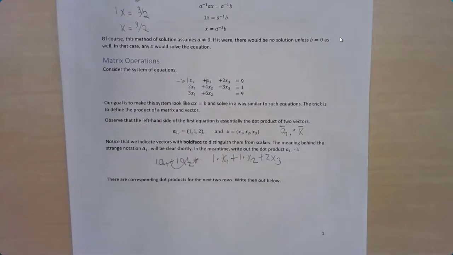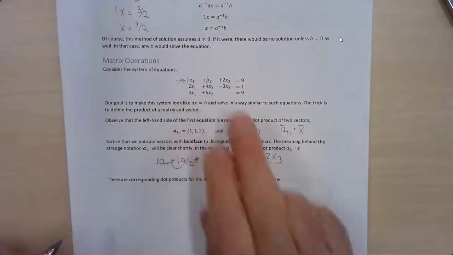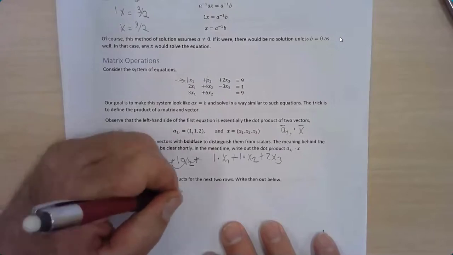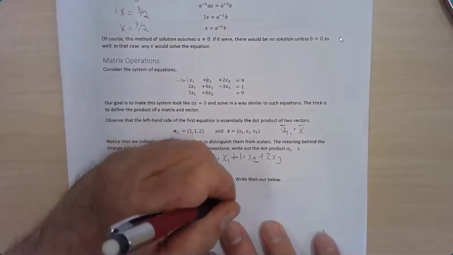Now if you did something similar with the next two rows, you could set that up as dot products as well. For instance, 2, 4, minus 3. You could take the dot product with x1, x2, x3.